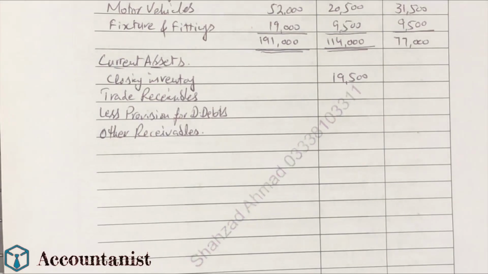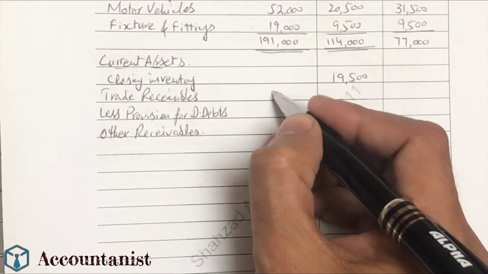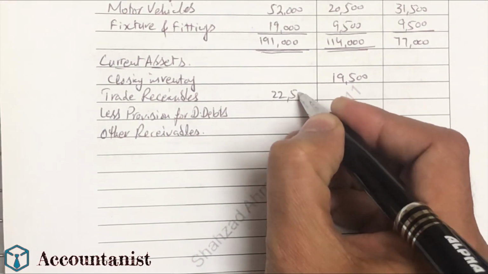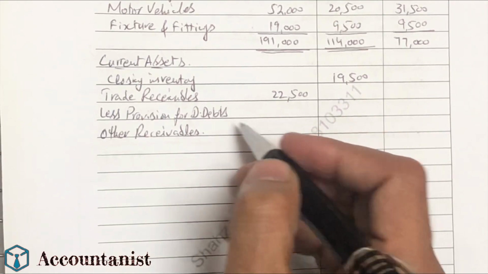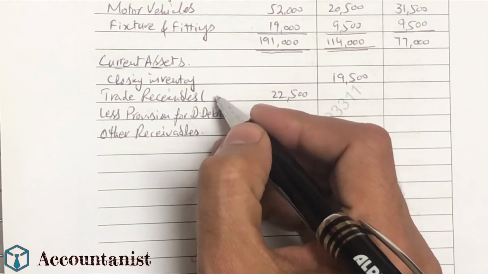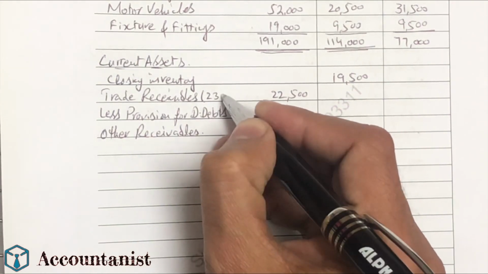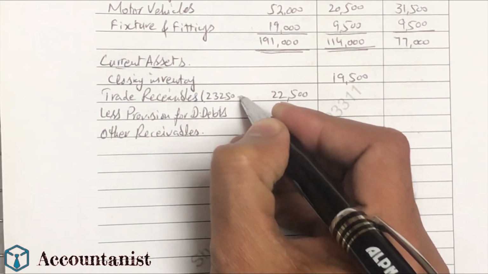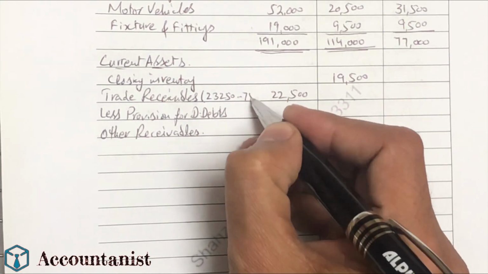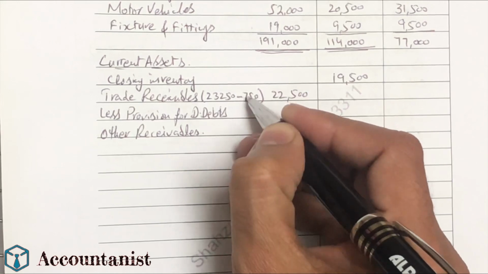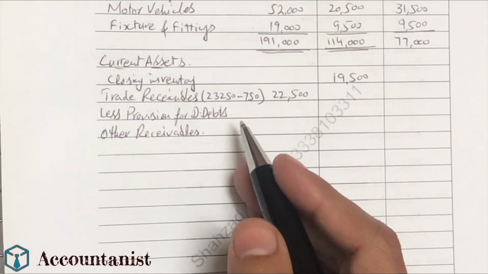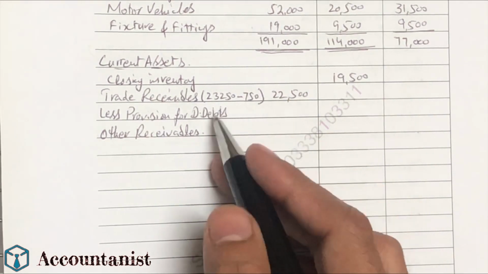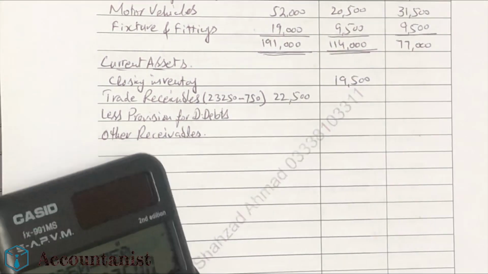So I will write down this 22,500 here. I would like the students to mention 23,250 less 750 in brackets, so that it is easier for the examiner to understand how you got this number.